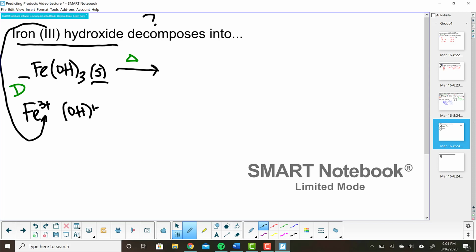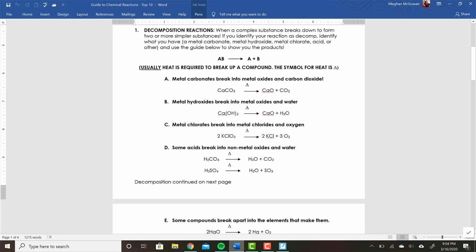So how do we predict products for this reaction? Again, let's look at the guide to chemical reactions. I don't know why this isn't green, sorry. Looking at the guide to chemical reactions, we have B, a metal hydroxide. So what's going to happen is we're going to form a metal oxide and we're going to form water. So metal oxide and water.